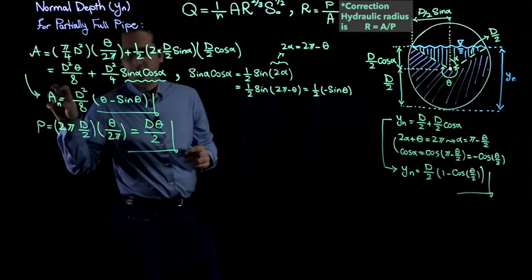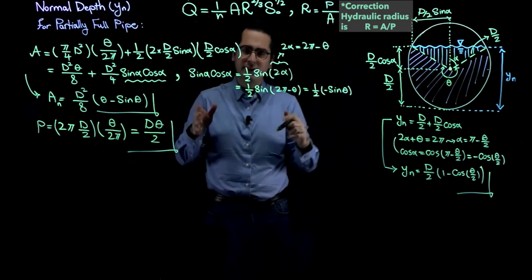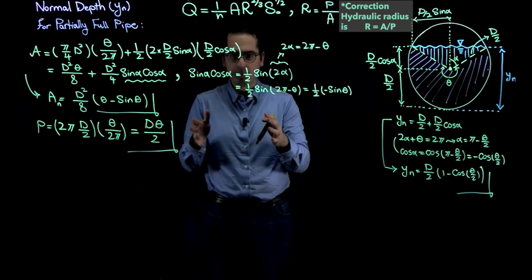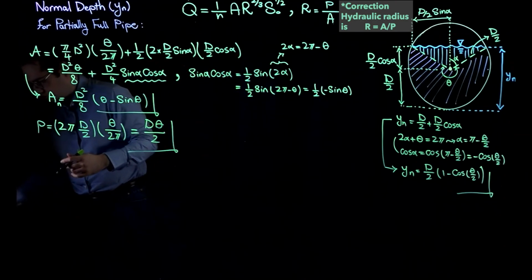Now that we have the value of wetted perimeter and area, we are ready to put these two values into the Manning equation and come up with an equation that has Q in it and theta in it. Let me write down the finalized equation for you.